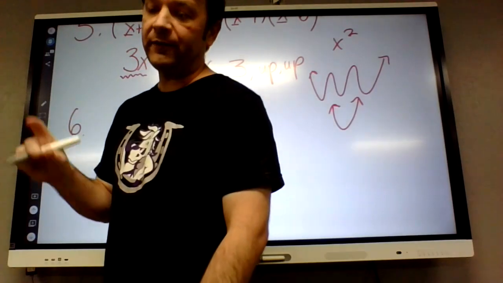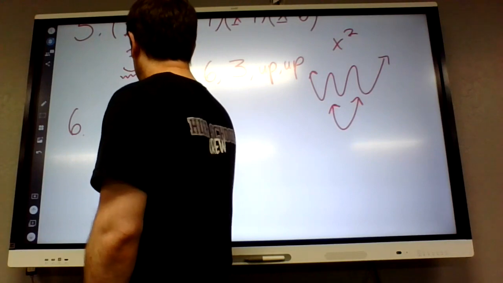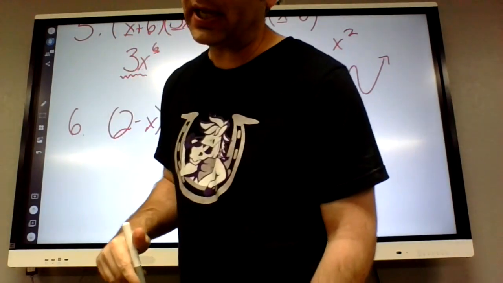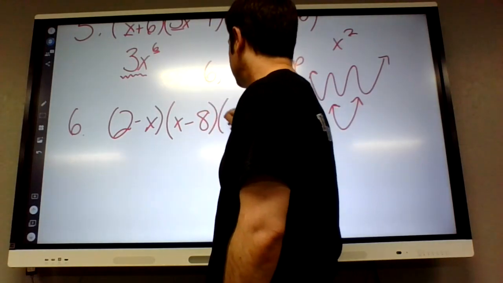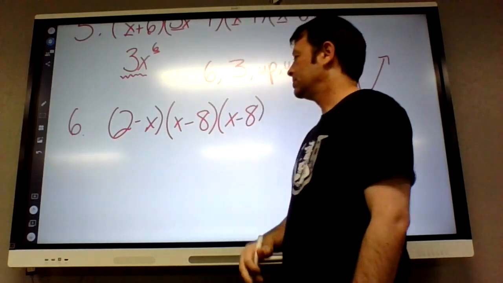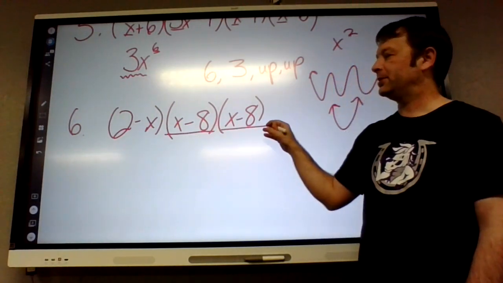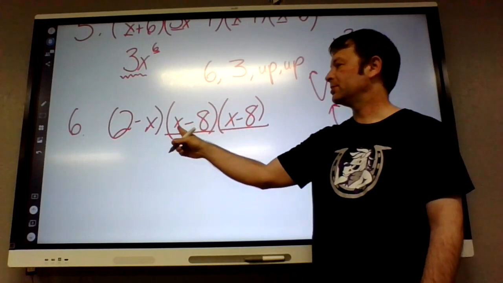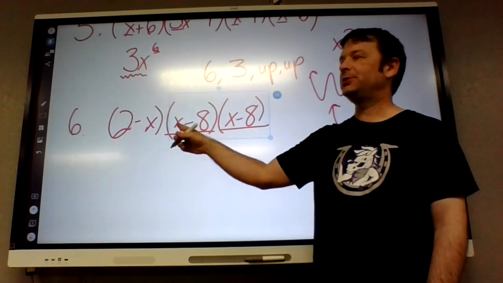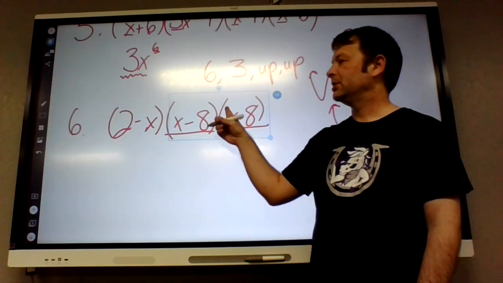If x minus 8 is squared, that means there's like 2 of them, right? So if we FOIL these two together, what would be the leading term? X squared.